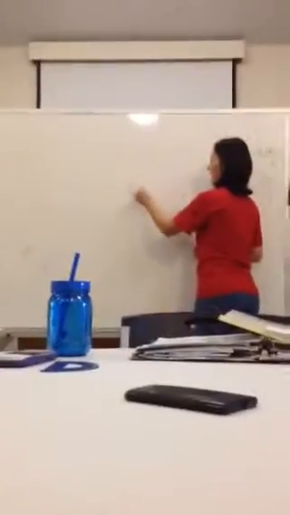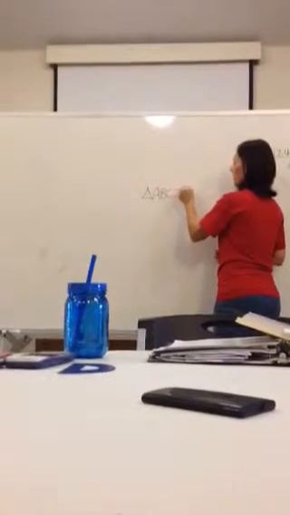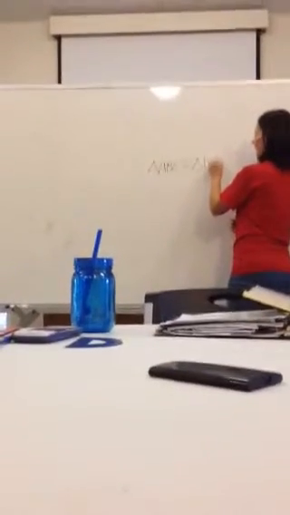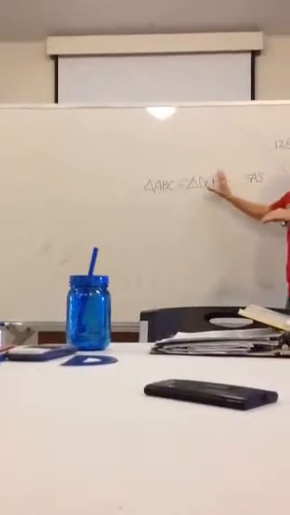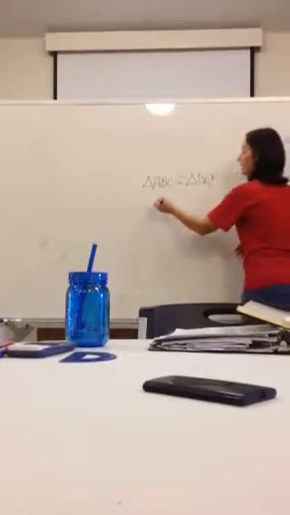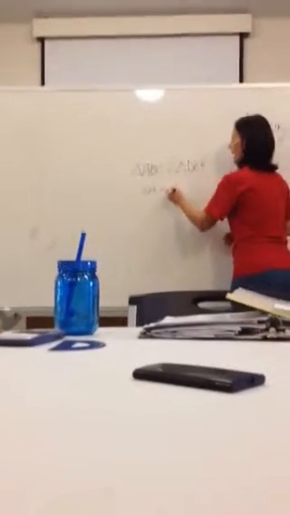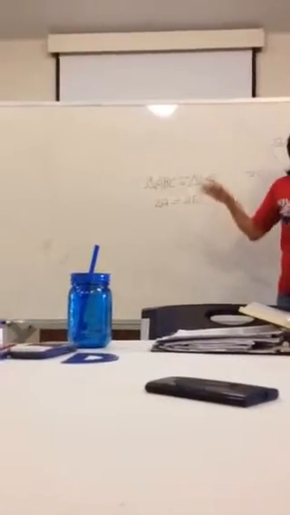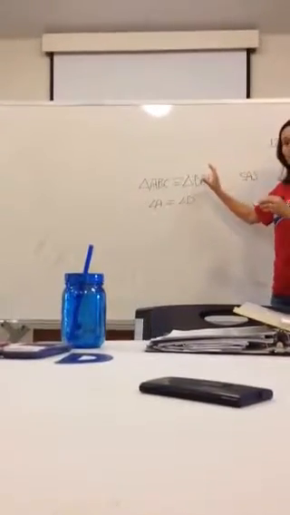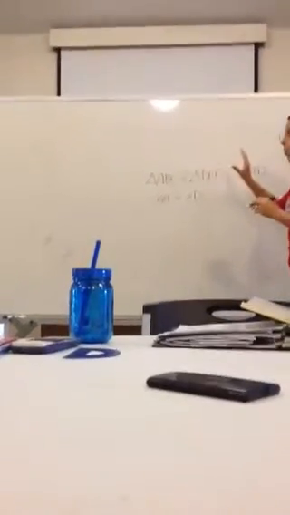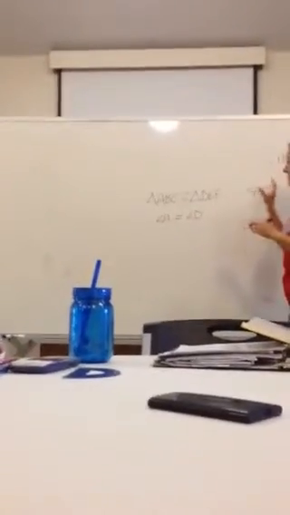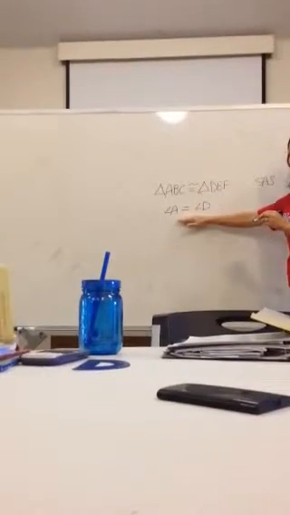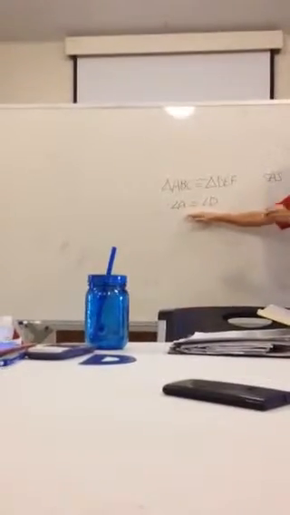If I say that triangle ABC is congruent to triangle DEF, and then I give you the reason why, we'll say side, angle, side. Okay? If that's not what I'm trying to prove, maybe I am trying to prove that angle A equals angle D. And by doing that, the first thing I have to do is prove congruence of 2 triangles. So once I have proven congruence, and this is my next statement, then I'm going to use this phrase.